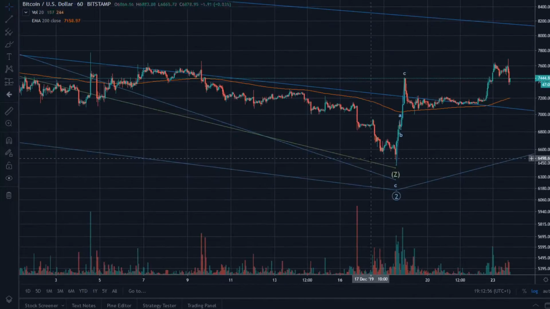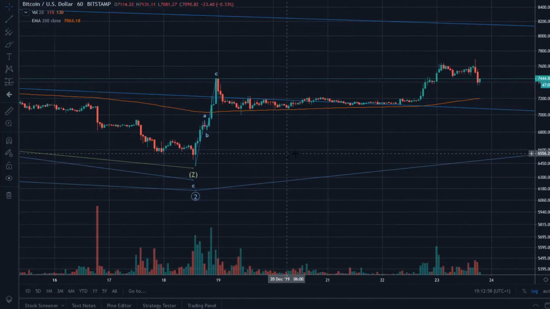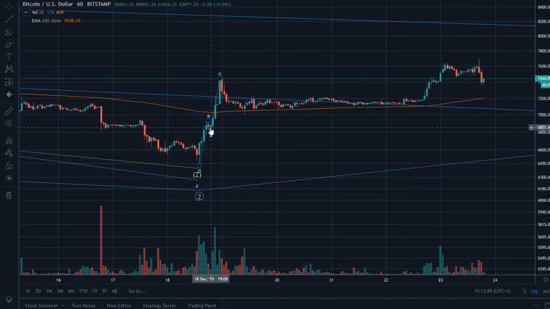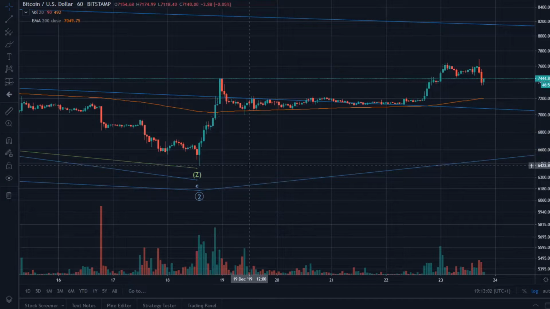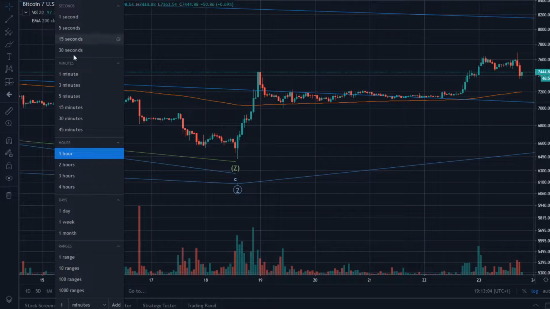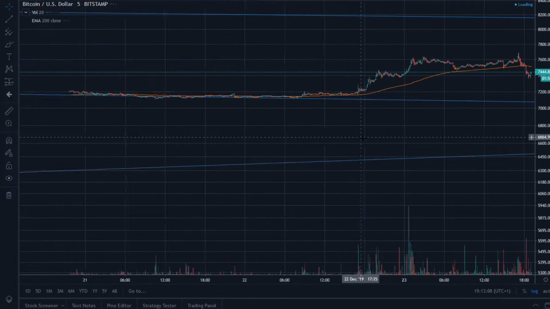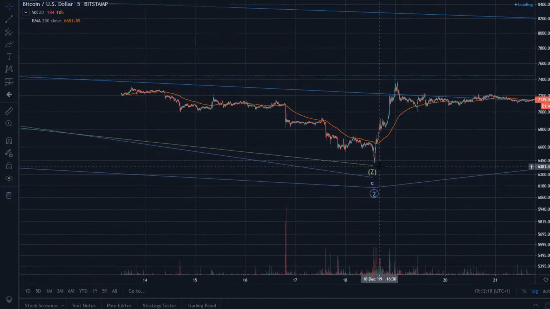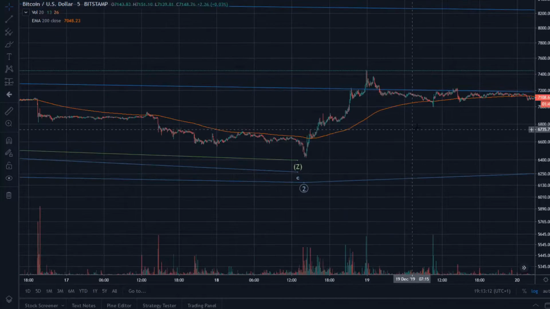On one hand, if I just go into more detail, this looked like a 3-part structure, but if I change into a 5-minute chart, you can see there is the move.